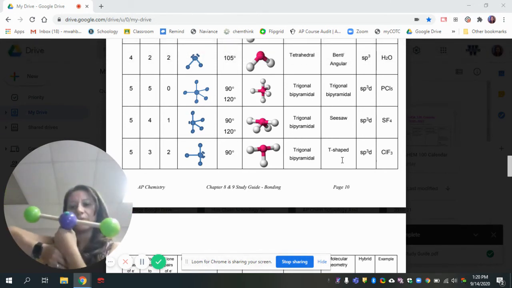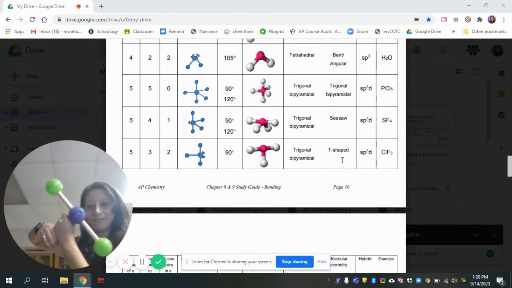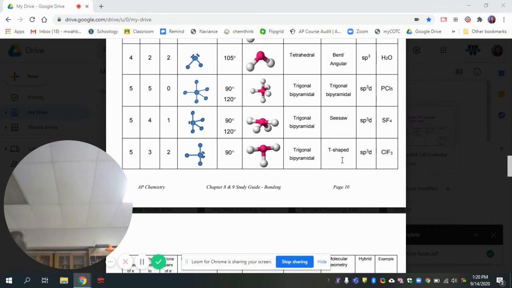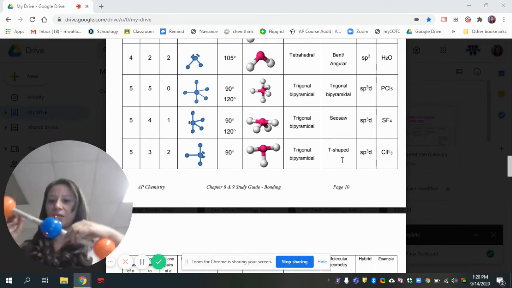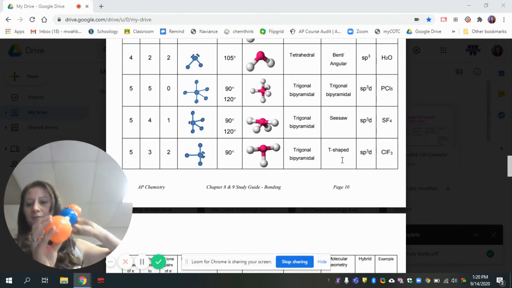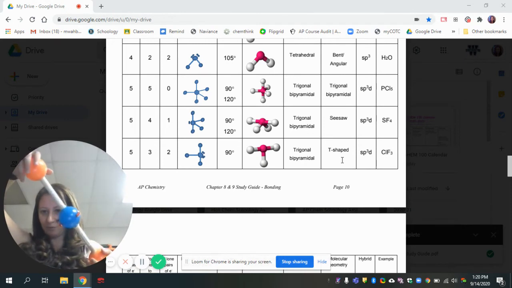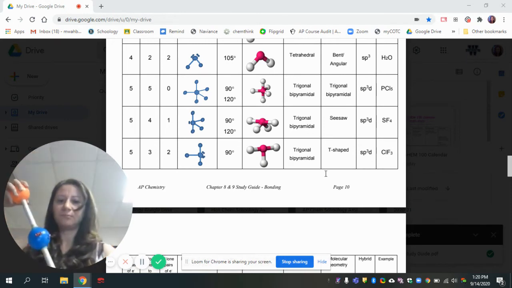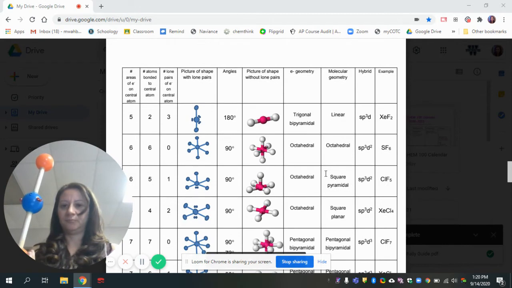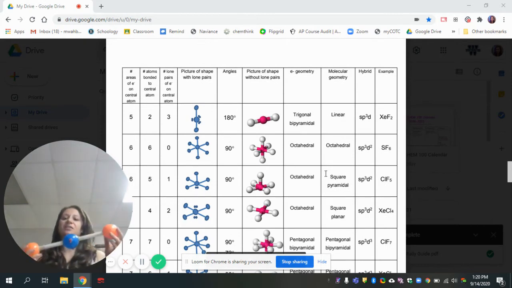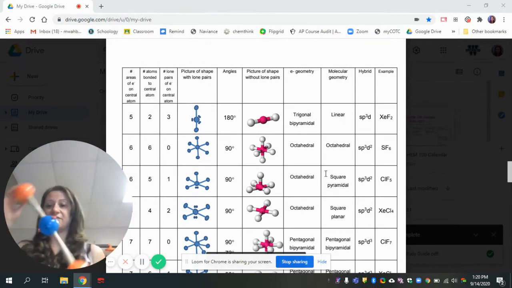Okay, but if I remove another one, what's it going to look like? So I have 5 areas of electrons, but I remove 3 of the bonds. So I have 1 up, 1 down, and then my 3 lone pairs are kind of like 120 apart. Well, my bond angle here is a little bit different, even though I have 5 areas of electrons.